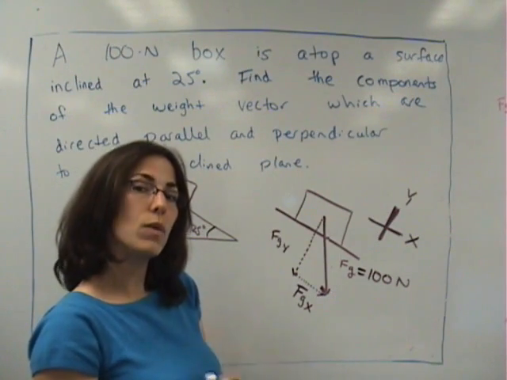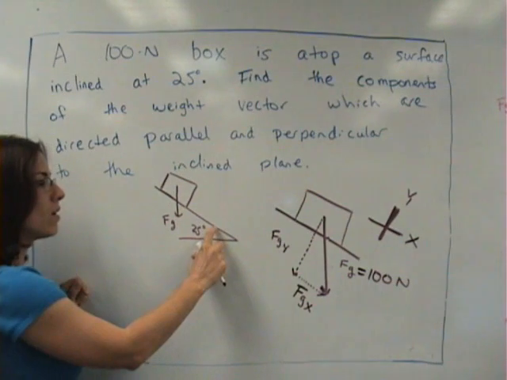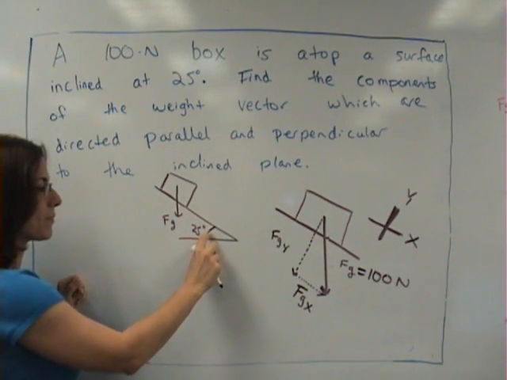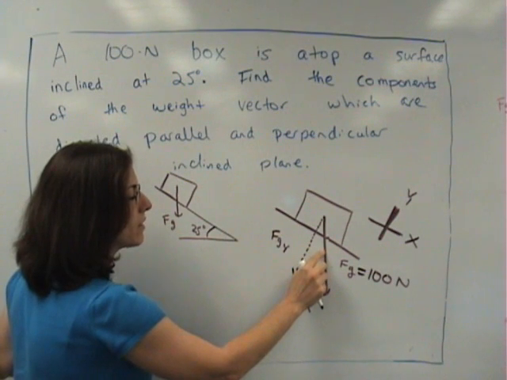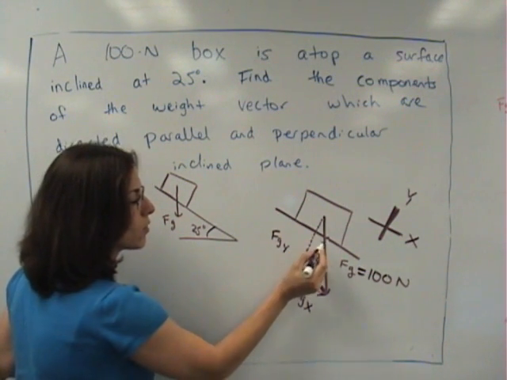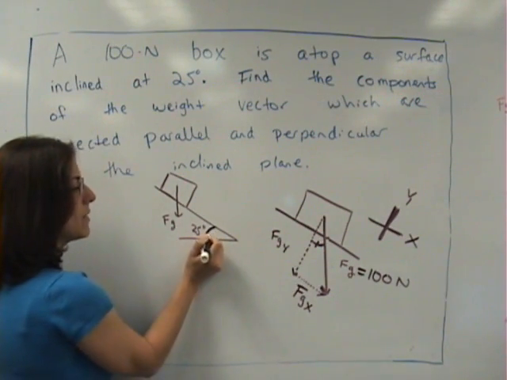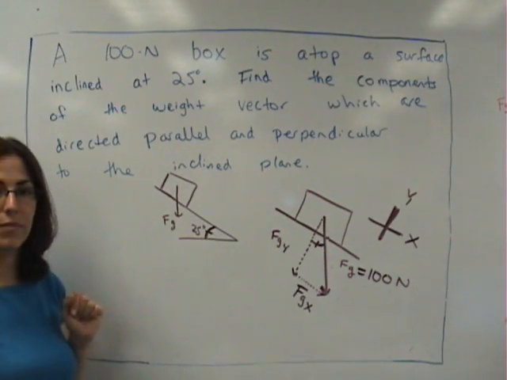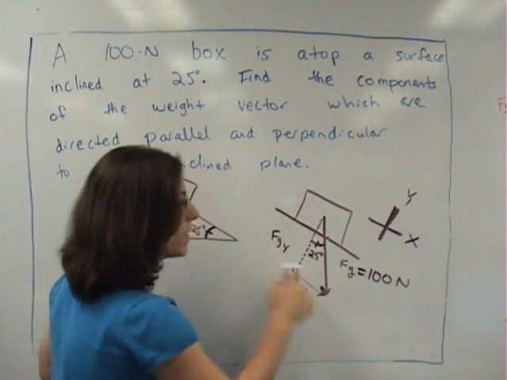Another thing you need to know is an angle within the triangle, and for reasons I won't explain now, the angle of the inclined plane is the same as the angle between the force of gravity and this new y component. In other words, this angle here is the same as this angle here. So I'm going to go ahead and write 25 degrees right in there.